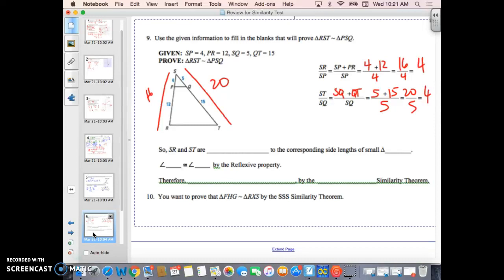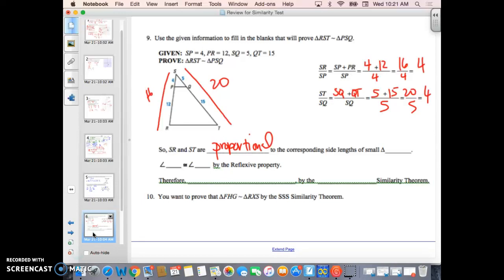So SR and ST are proportional to the corresponding side lengths of the small triangle SPQ.